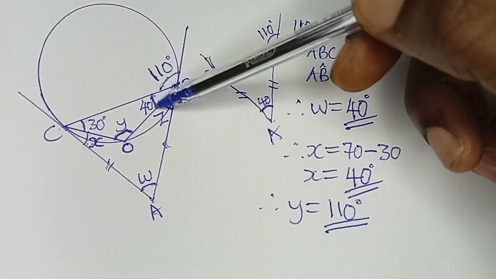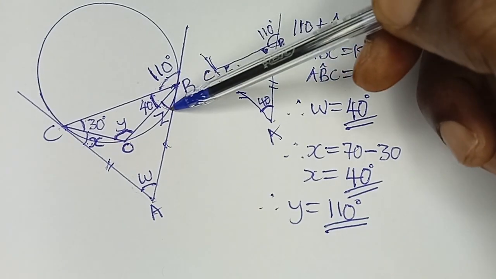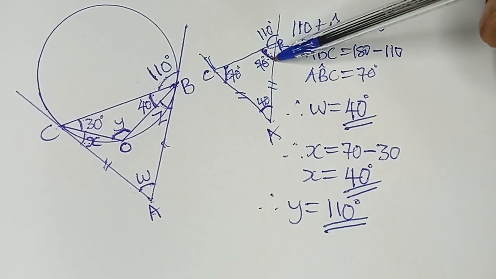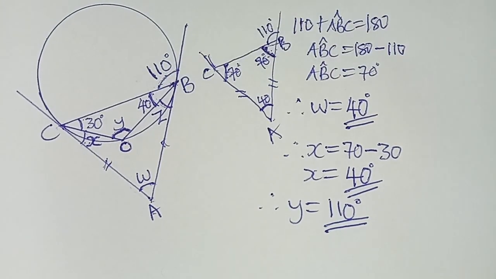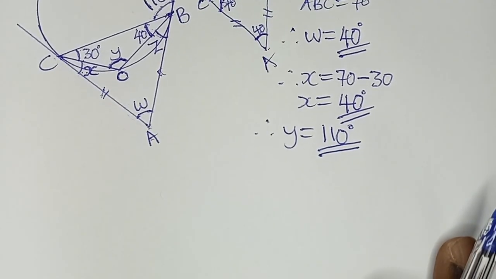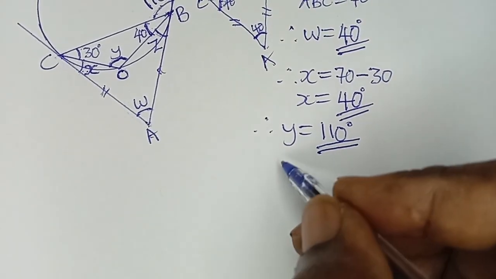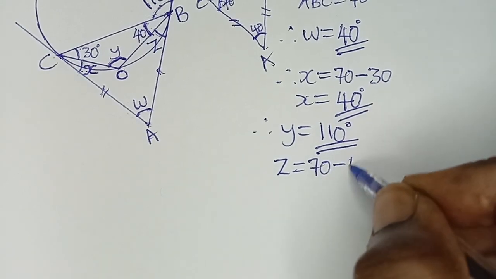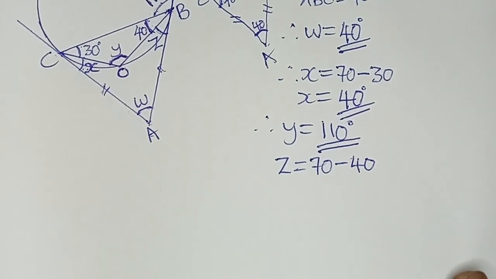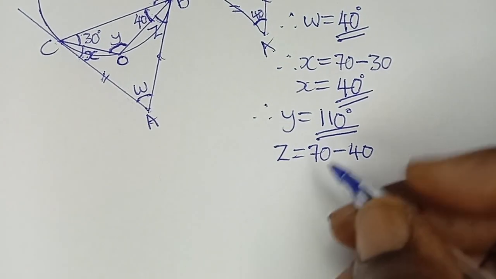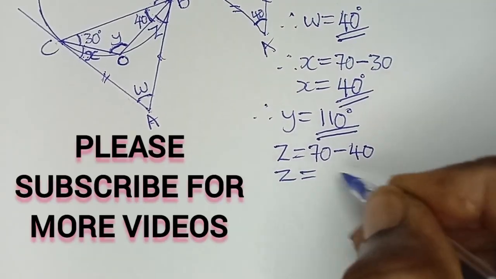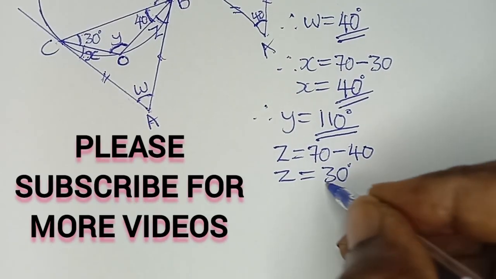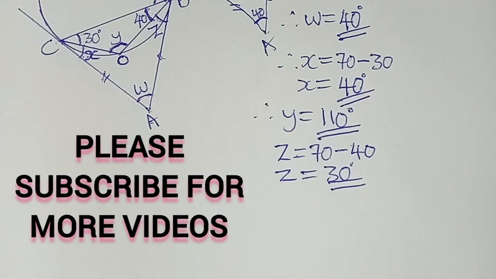So I can conclude by saying that Z is equal to 70 minus 40, and that will give us angle Z as 30 degrees. So we now have all the angles.